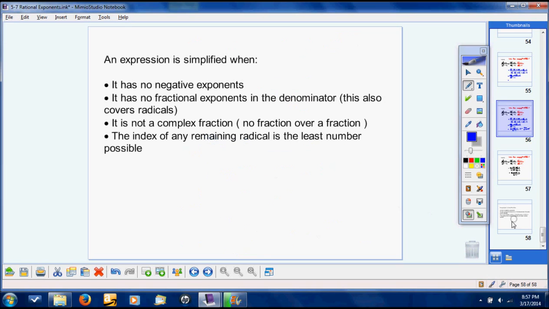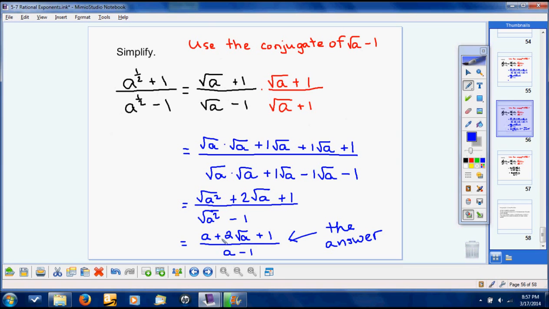So check on that one. The index is the least possible number. Well, we simplified this because we couldn't just leave that square root of that, so that reduced the index. So that one's taken care of. Yep, the index is the least possible number. So that's how we go with that one.